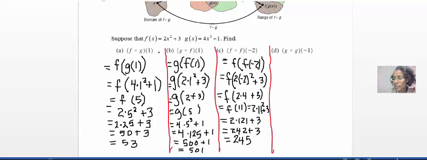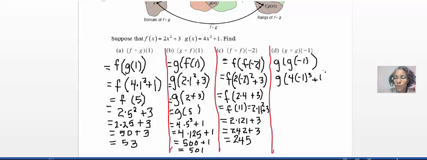Similarly, we want to find g of negative 1. So that's g of negative 1. So we're taking g of 4 times negative 1 cubed. Notice how when I raise a negative number to a power, I have to parenthesize that negative number.